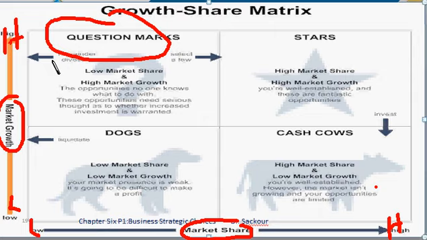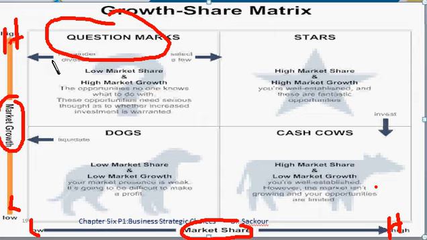Why? There is a problem with our strategy, our product, our style, etc. So it's a question mark. Why is the market growing, but still our market share is low?